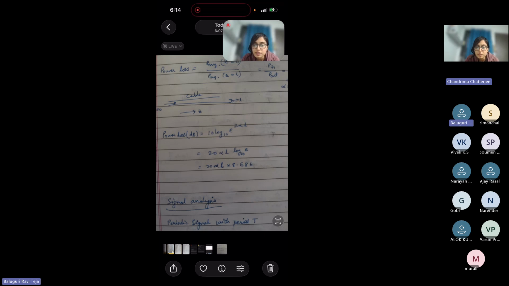So the multiplied by 20 thing will not be separate. The total thing is 8.68. If you just do it, you will see it is coming some 8.68. So the entire value 20 alpha L log e to the base 10, the entire value is 8.686. Right, right. Okay, thank you.